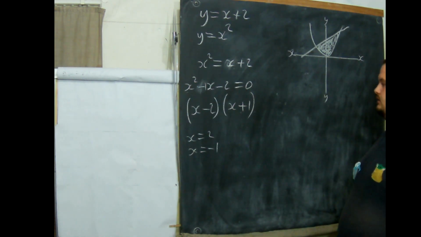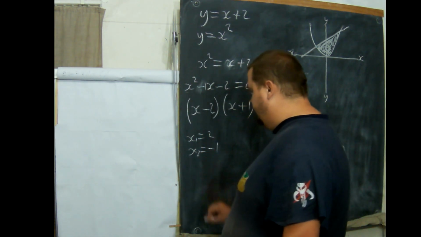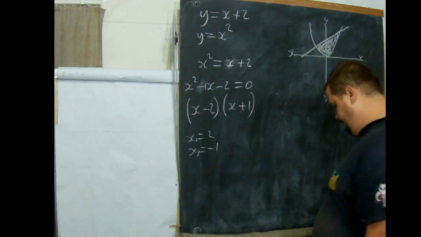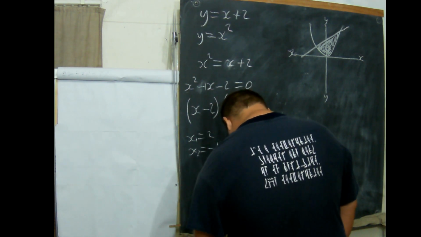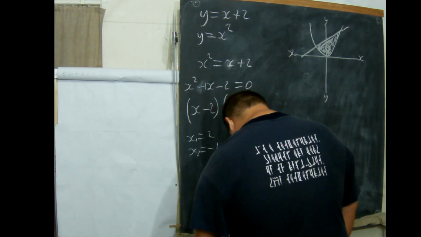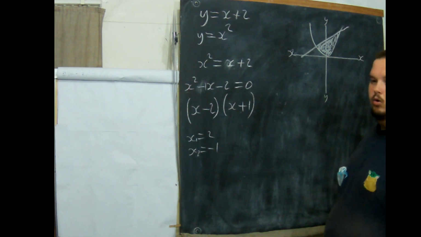Okay, so there's two x values, x1 and x2. We only need our x coordinates, which we have.